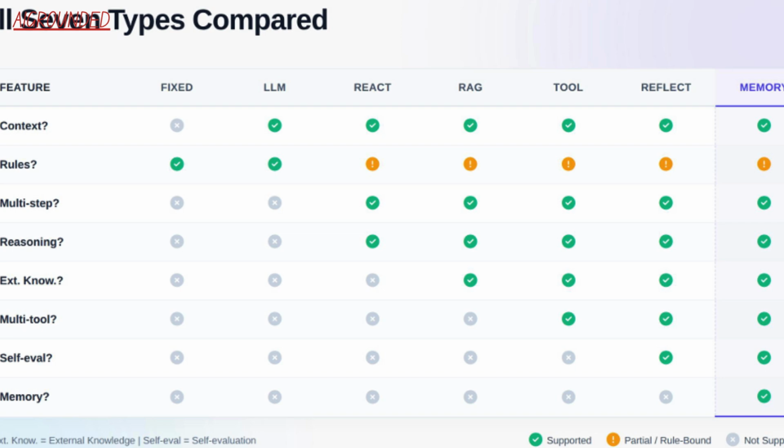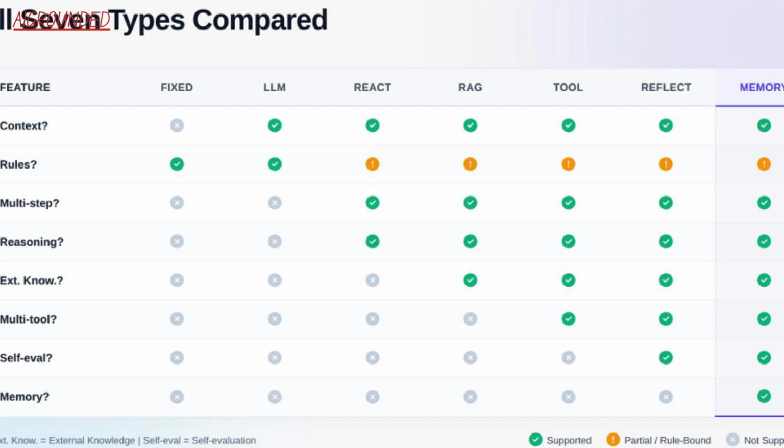Now let's zoom out and compare all 7 agent types we have covered across the entire series. Context aware: all except fixed automation. Multi-step capability: all except fixed automation and LLM enhanced. Reasoning: all from ReAct onwards. External knowledge: all from ReAct plus RAG onwards. Multi-tool capability: tool enhanced, self-reflecting and memory enhanced.